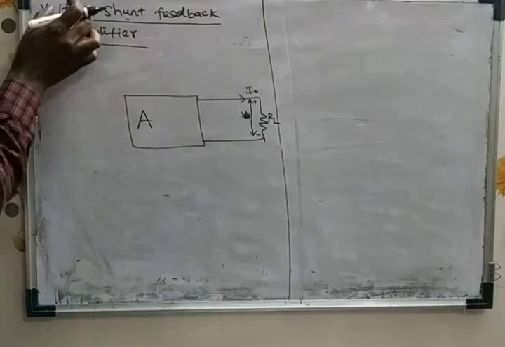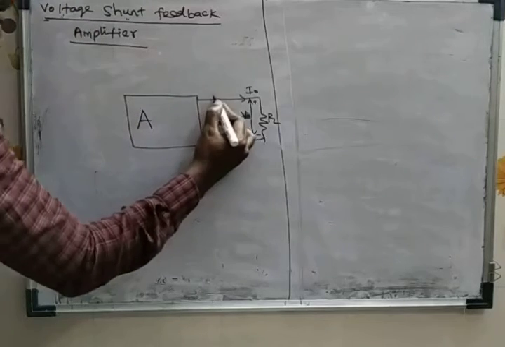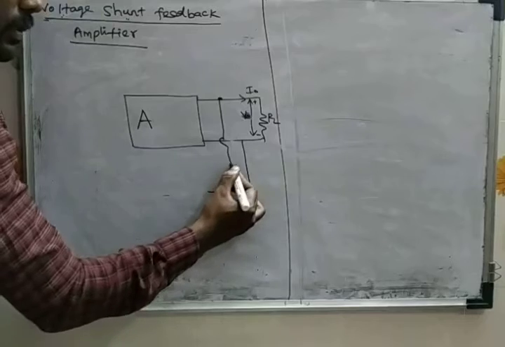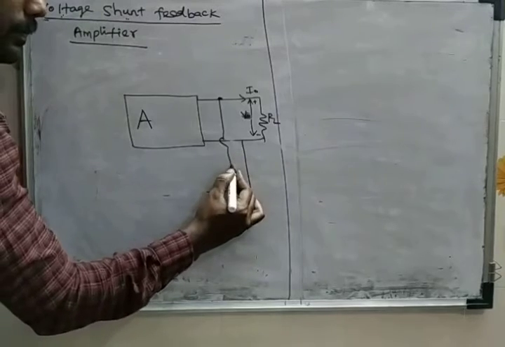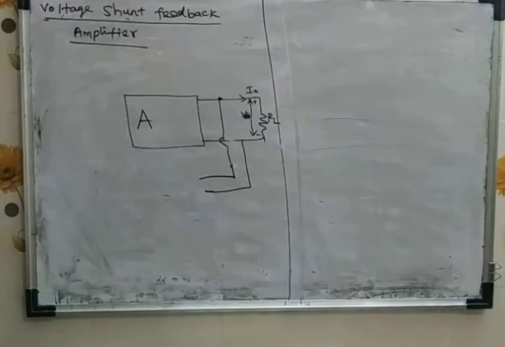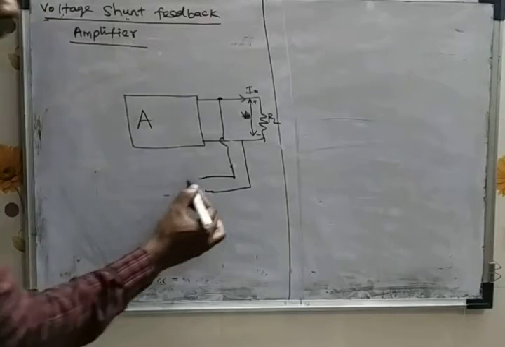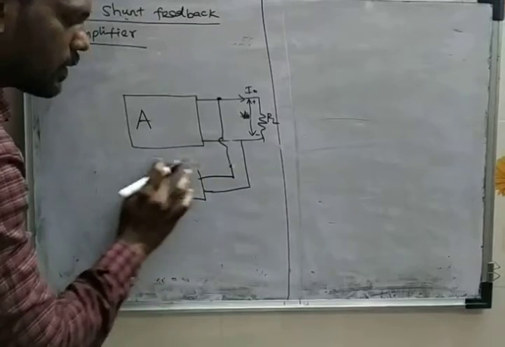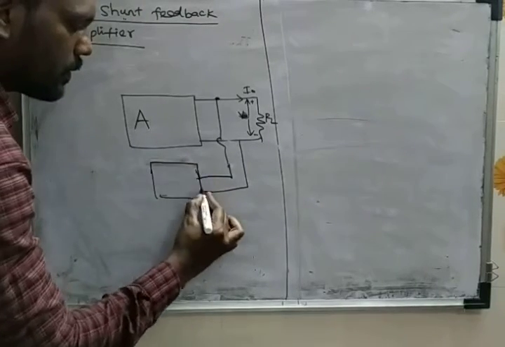So we are taking voltage sampling. Sampling means we are taking the voltage output and feeding it back to the input through the feedback network beta.